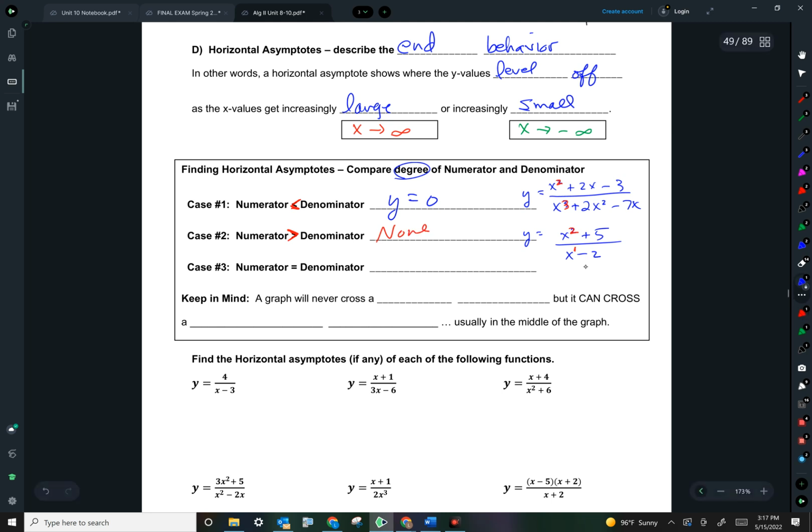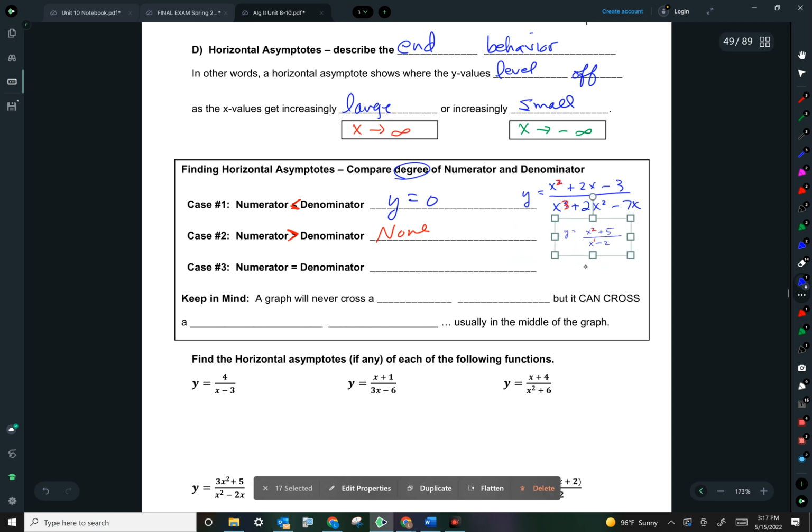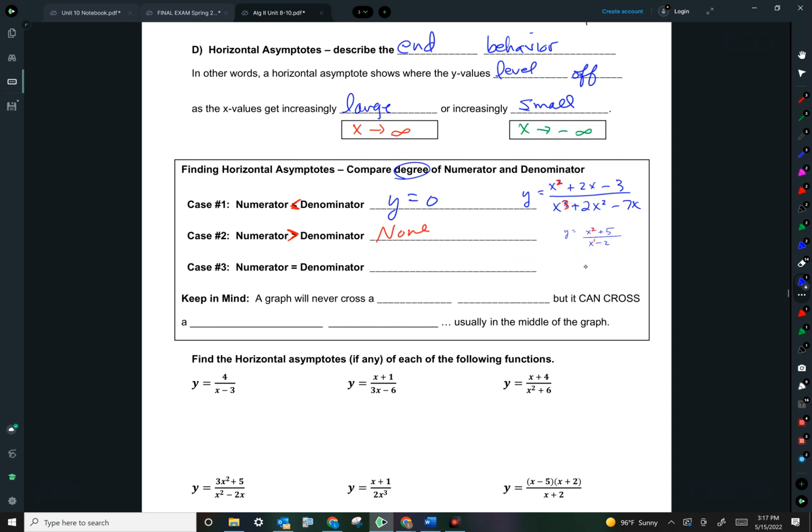And then, of course, hopefully you recognize the only other scenario: what if the degrees are equal? What if I have y equals 3x squared plus 2 over 5x squared minus 3x plus 1? In this case, the degree of the top is 2, the degree of the bottom is 2. So that means the degrees are the same.